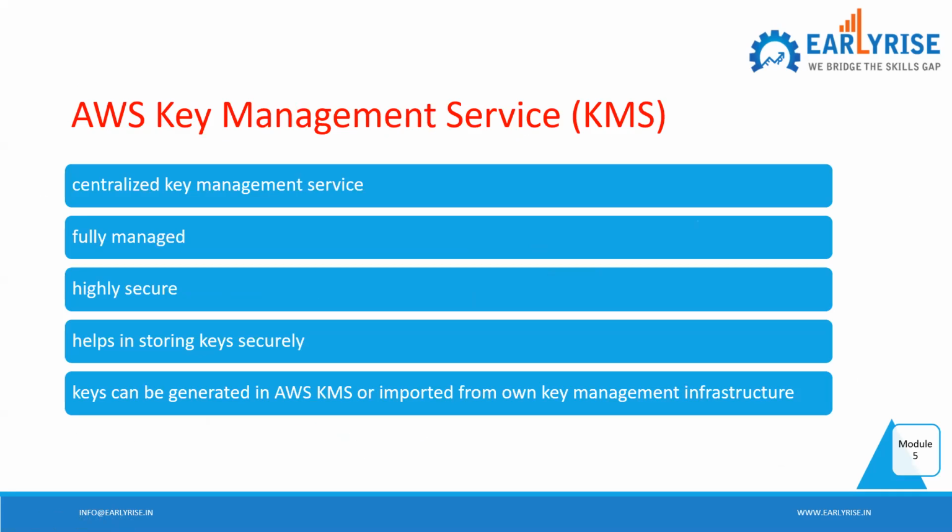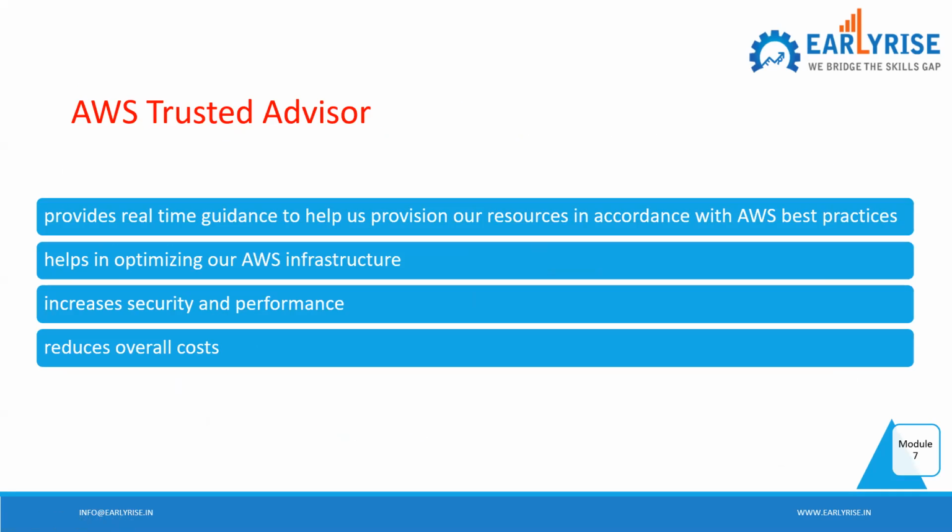So let's see this AWS Trusted Advisor, right? It mainly provides real-time guidance to help us provision our resources in accordance with AWS best practices. So it's an advisor, as the name suggests, right? It's an advisor whom you can trust.